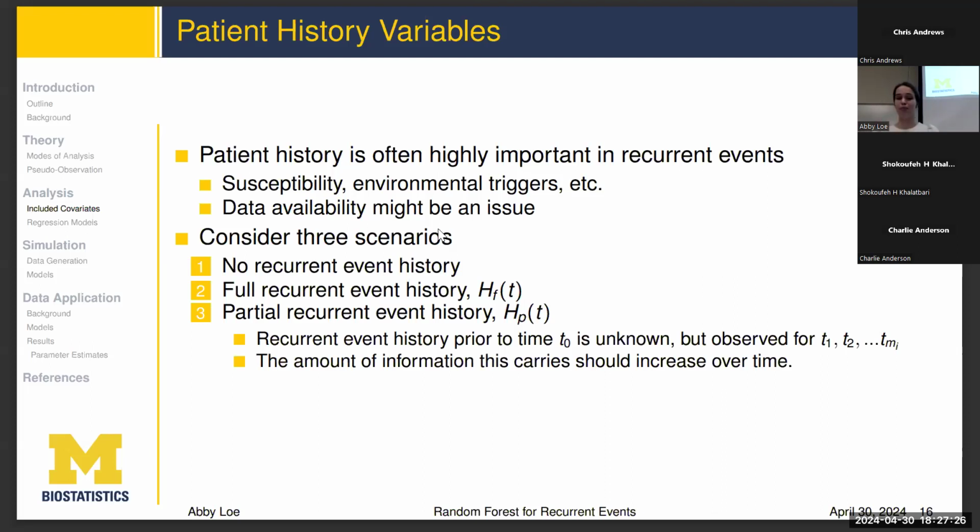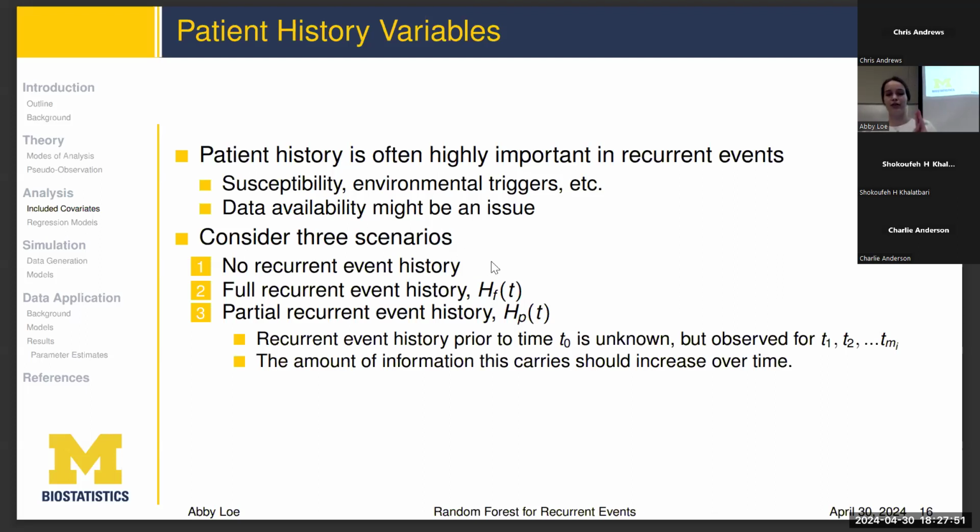So we've got this partial information on patients that should be increasing in its information and quality over time. So we want to include this covariate as well and experiment to see what the best situations are, and how these covariates of patient history change our ability to predict patients' outcomes.